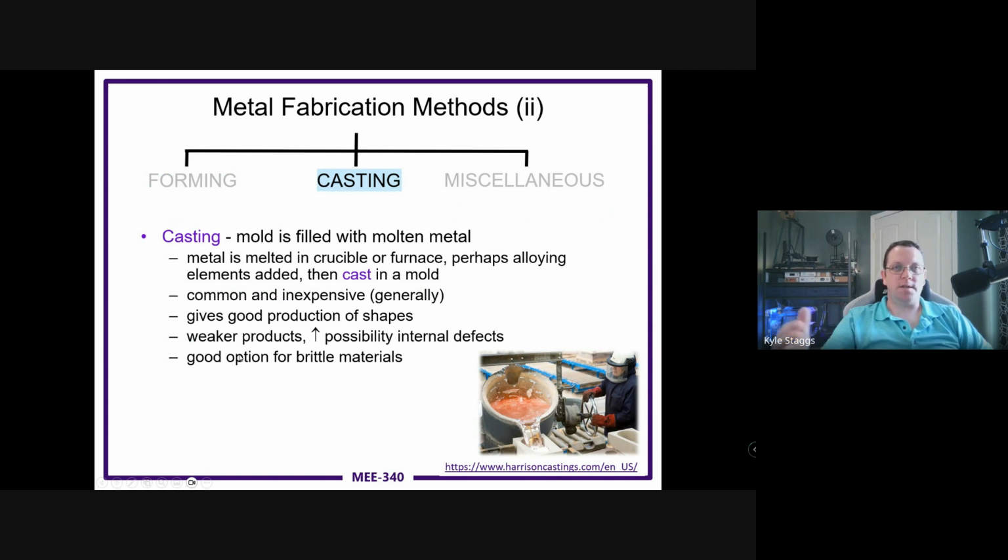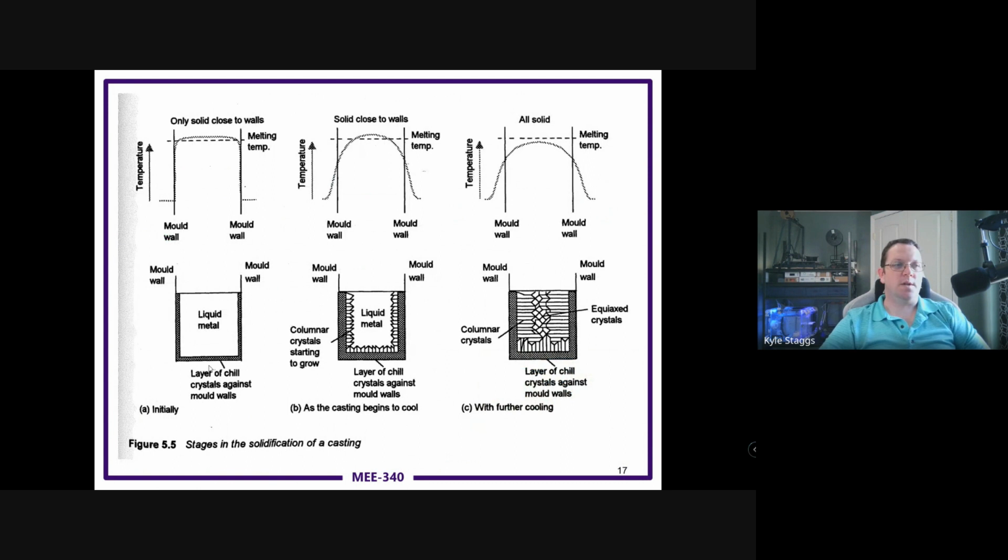Any of those defects introduce fault propagation opportunities in the material, and so that crystallinity comes into play really heavily. For brittle material, it's a great option because it's really hard to machine something out of brittle materials. Doable, but very difficult. A lot of machinists don't like to do that. Casting works a lot better.